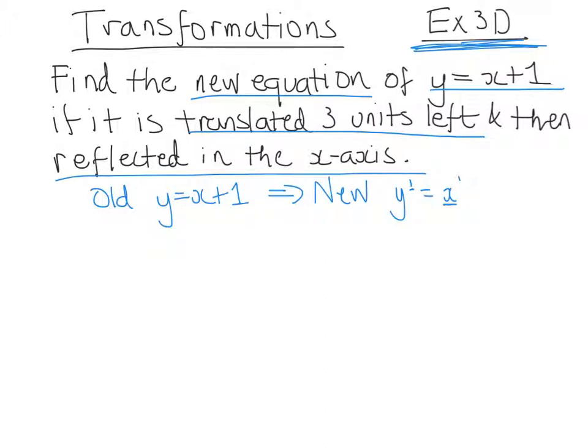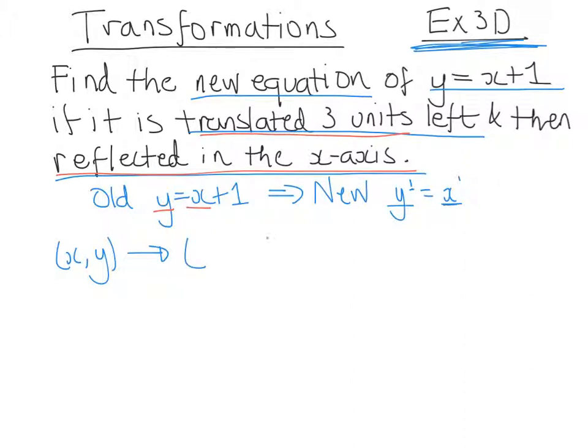Now it's subjected to two different transformations here. Let's think about what this might do. If we pick a point on y equals x plus 1, let's call it xy, it's going to be translated to this new point. The first thing that happens is we move it 3 units to the left.